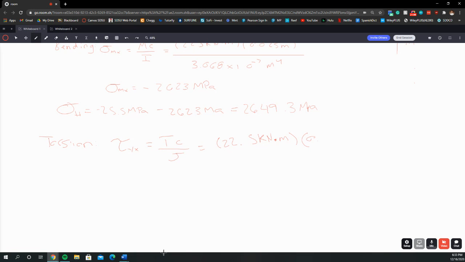Same radius, 0.025 meters over J, which we just found. J is 6.13 times 10 to the negative 7th meters to the 4th.